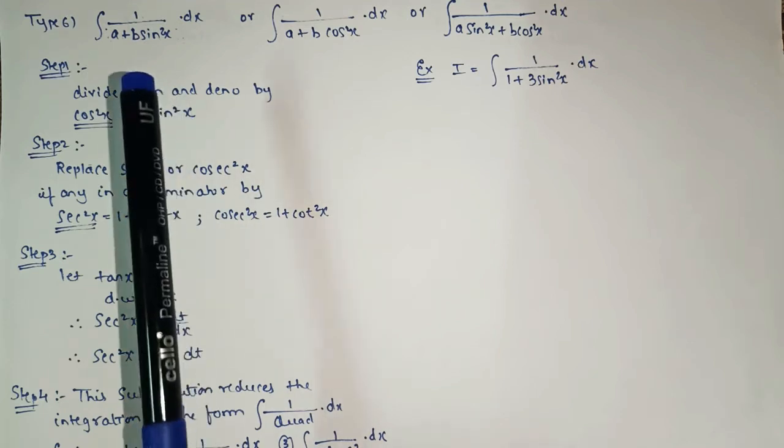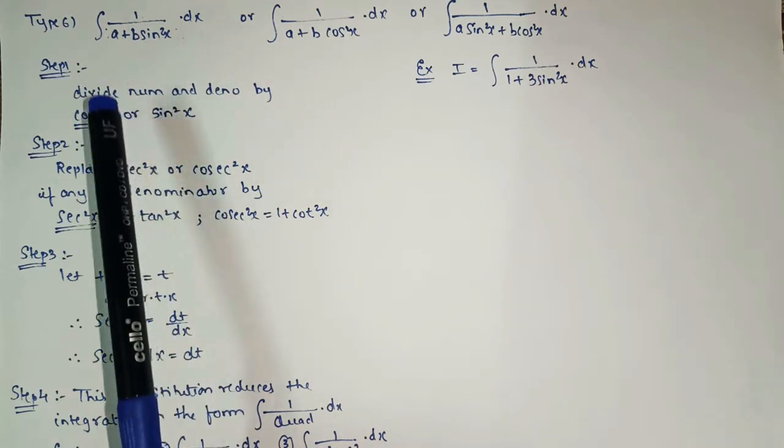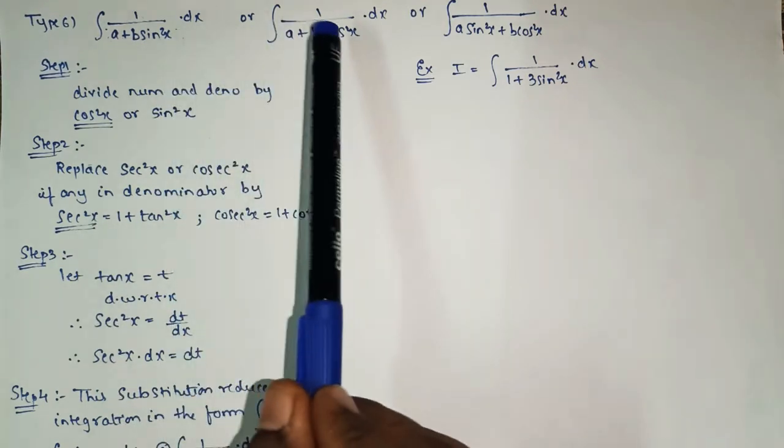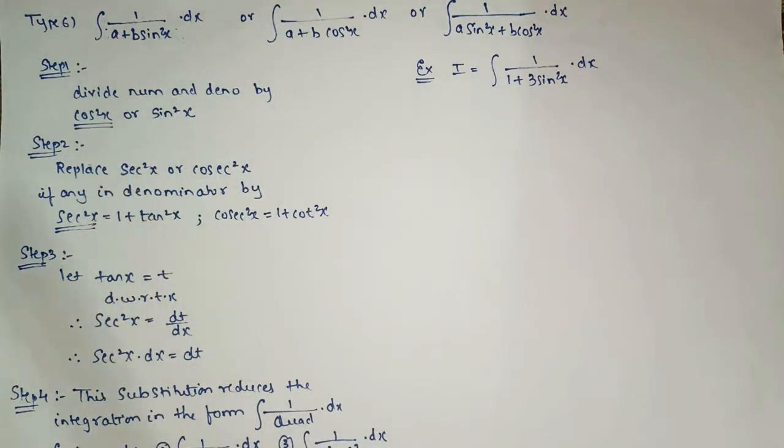But here I will suggest dividing the numerator and denominator by cos square only. Whether it is sin square or cos square, always divide with cos square only.